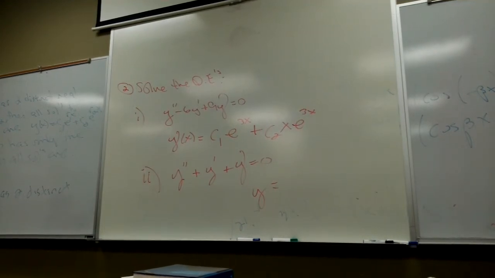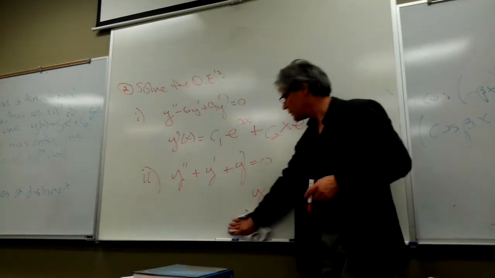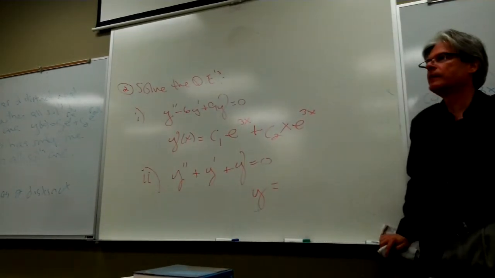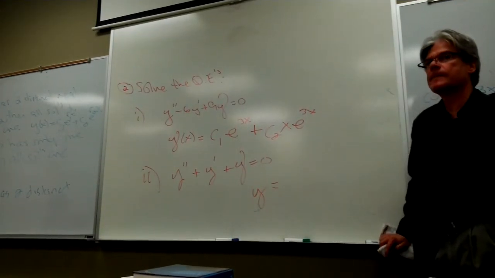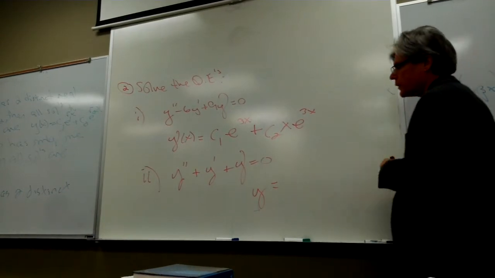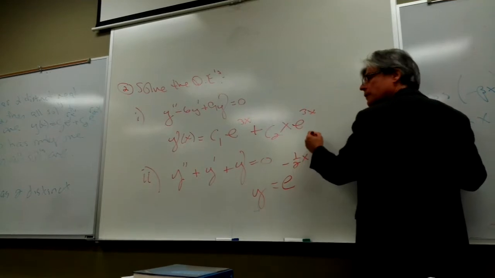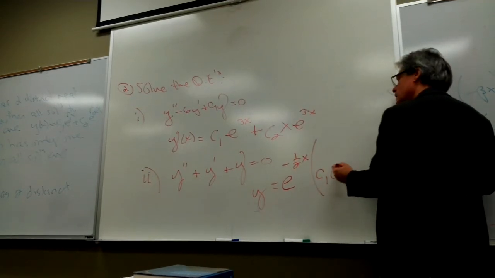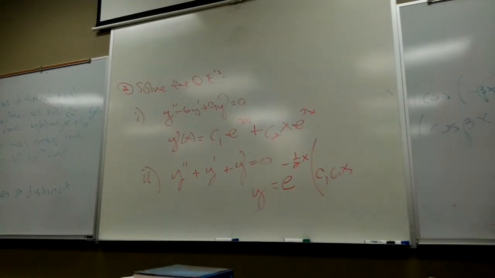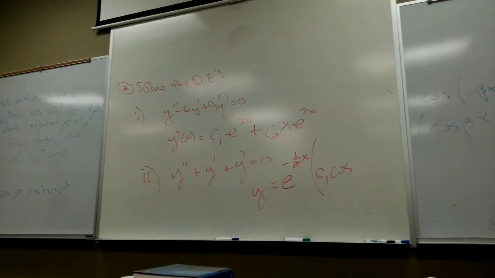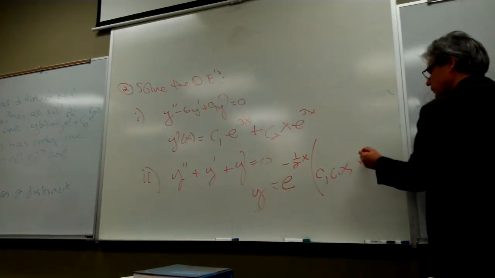Anybody? So, is this going to give me e to the negative 1/2 x times c1 times the cosine of, is that a root 3 over 2 x?